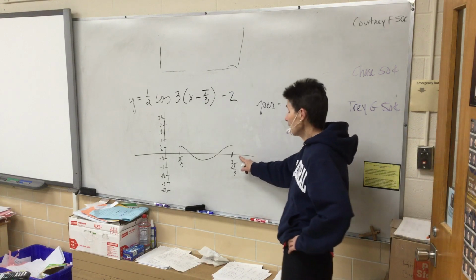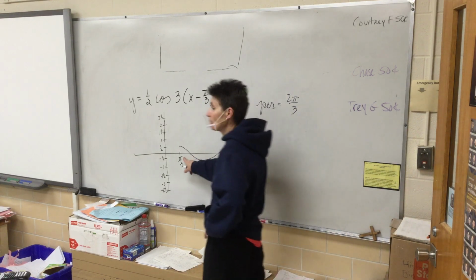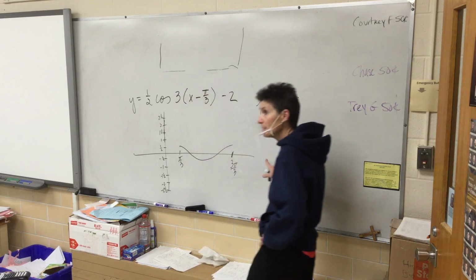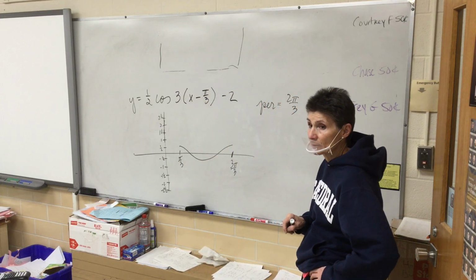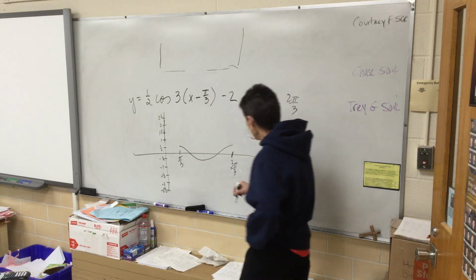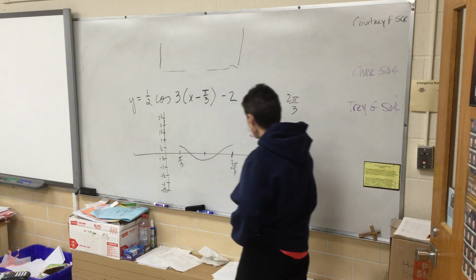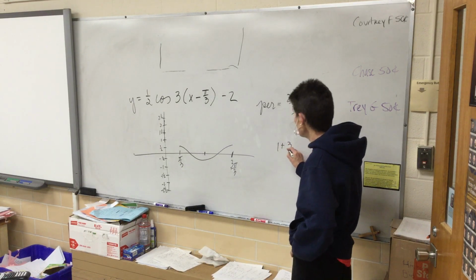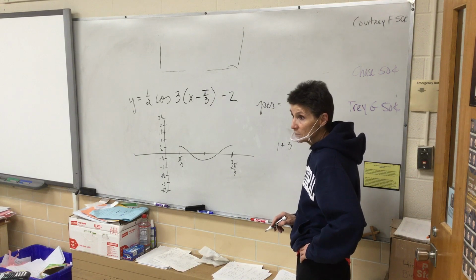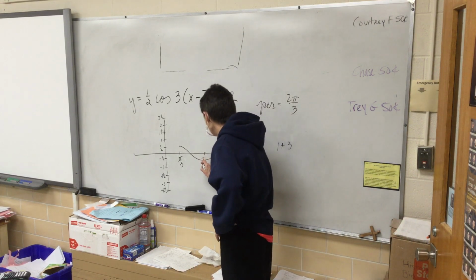Remember, to find your ending point, you just start wherever you start and add your period, right? All right, so what's right in the middle of that? Well, 1 and 3 makes 4, and half of that is 2.